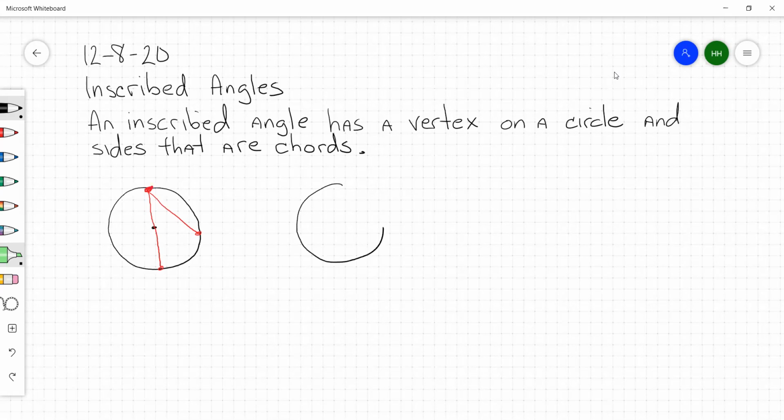Here's another example. All right, so here's a case where the center of the circle is inside the inscribed angle. And then we got one more example.